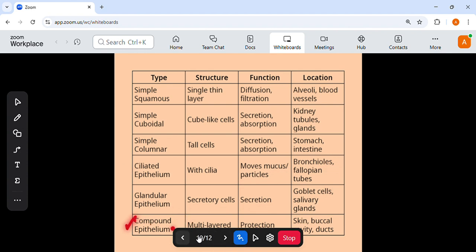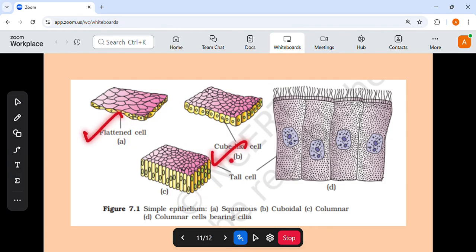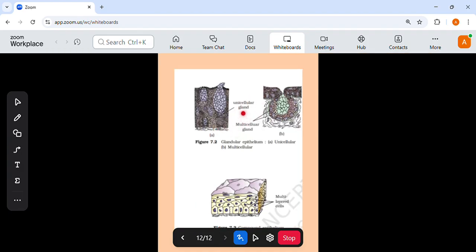Then compound epithelium, multiple layers, the function is protection against chemical and mechanical stress, seen in skin, which is a stratified, non-stretchable epithelium. Then buccal cavity duct, they are the soft stratified epithelium. Then urinary bladder, which is an example of transitional epithelium. We have seen the diagrams: this one is unicellular, only a single cell. Goblet is unicellular, while salivary gland is multicellular, multiple cells. This is the multiple layers present in skin, so this is compound epithelium.